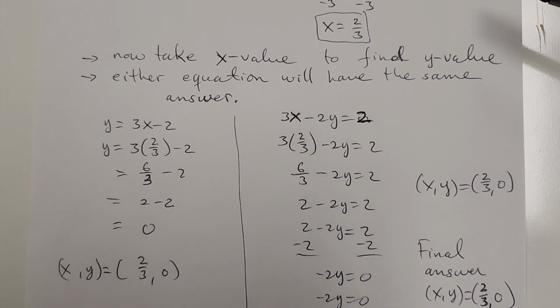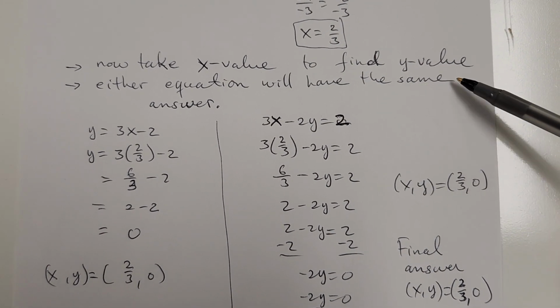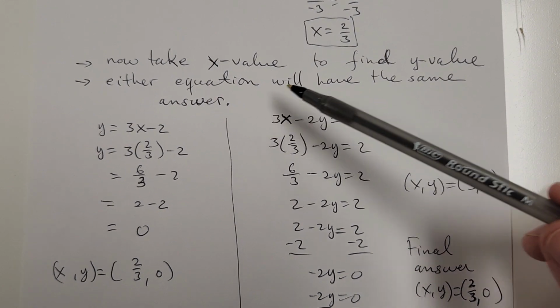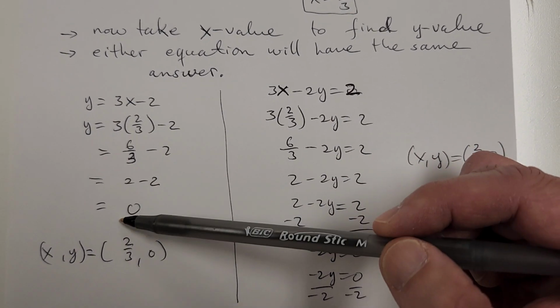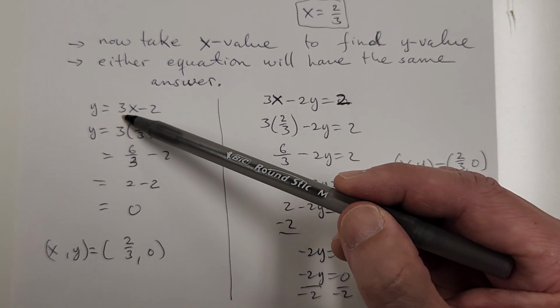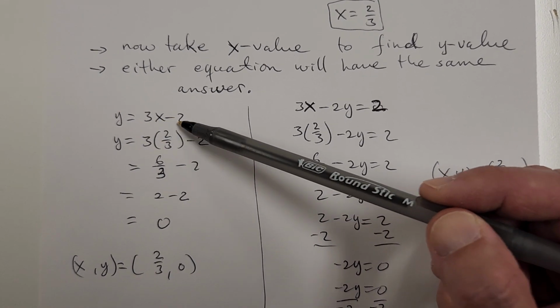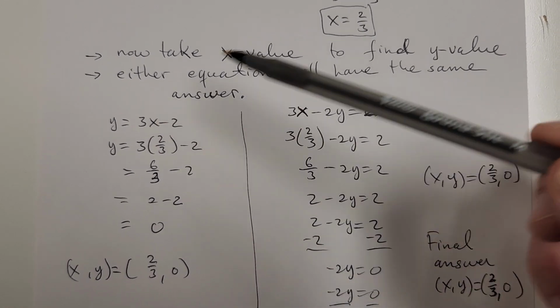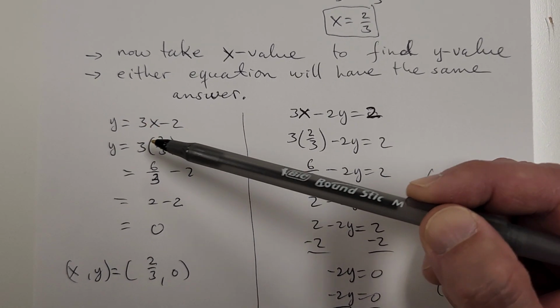Okay, so I have it down here. So now take the x value to find the y value. Either equation will have the same answer. On the left is the first equation, on the right is the second equation. So here's the first equation, which is y equals 3x minus 2. We know what x is. X is 2/3, so plug 2/3 in.